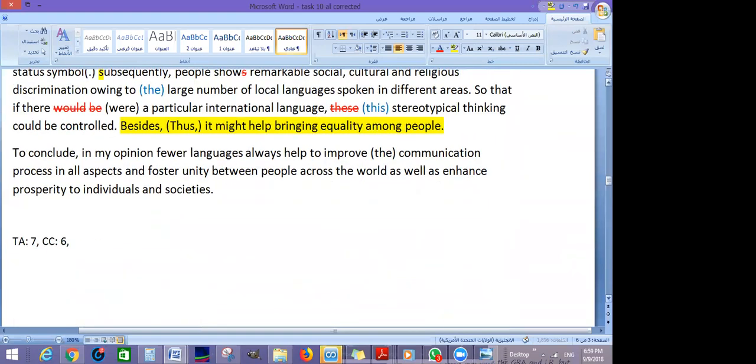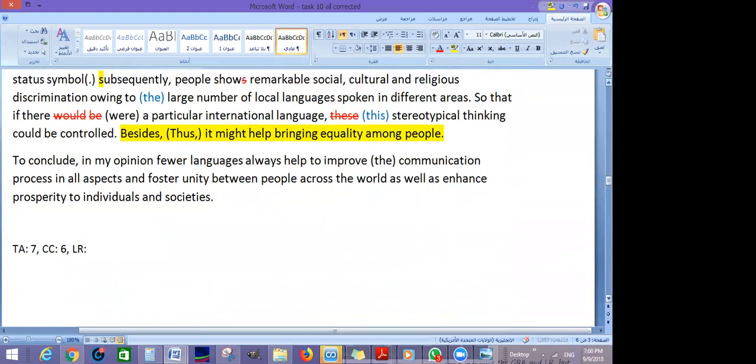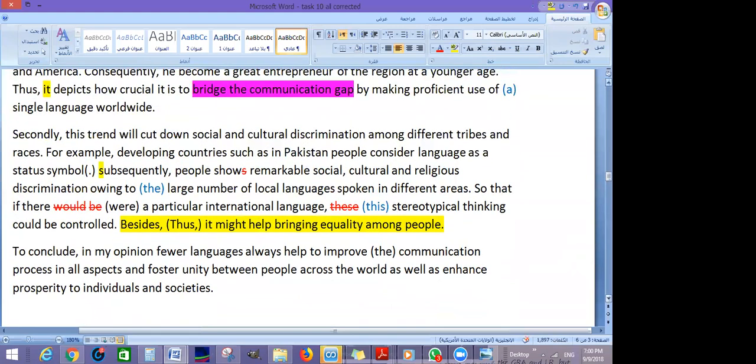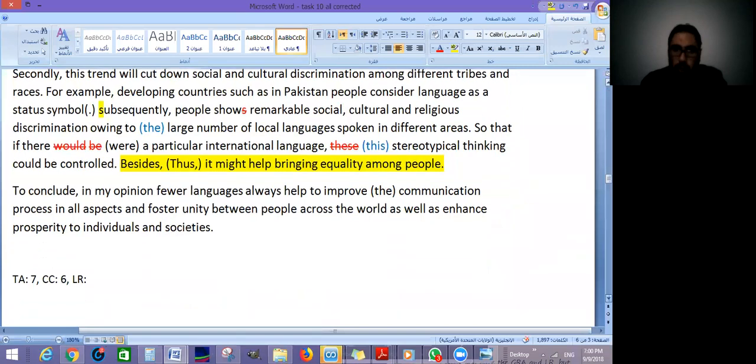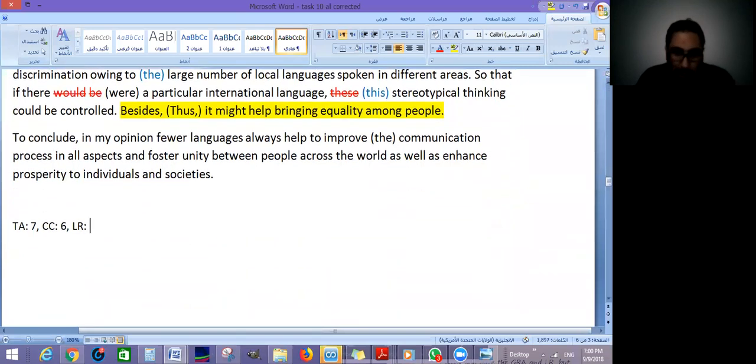So definitely that would be 6. LR, I can give a 7 for that. But GRA, I think there were too many mistakes. So overall, it is a 6.5.